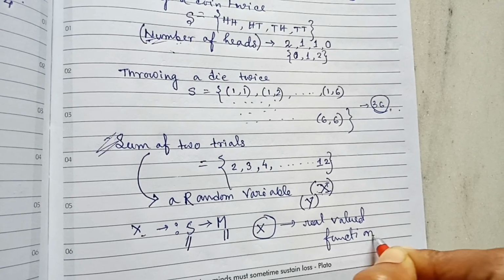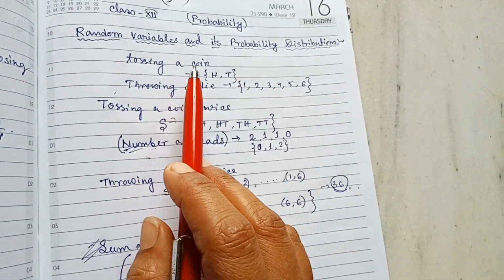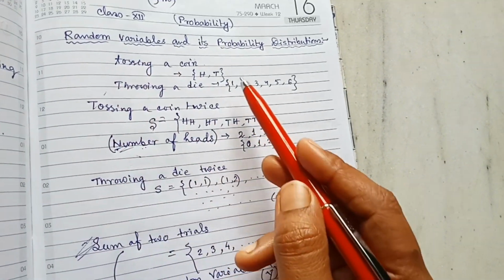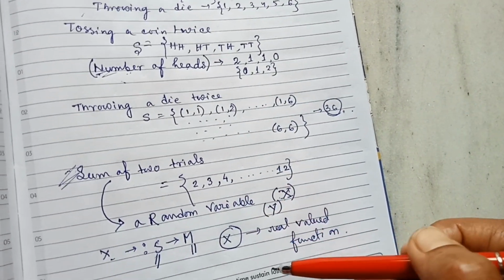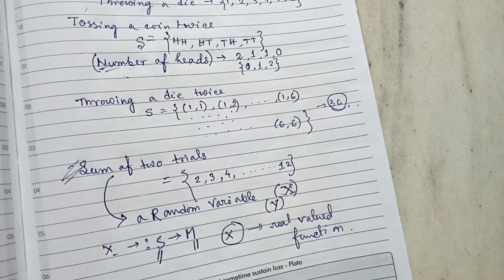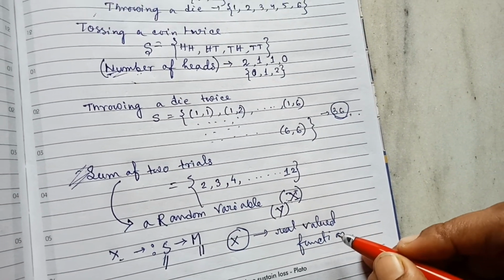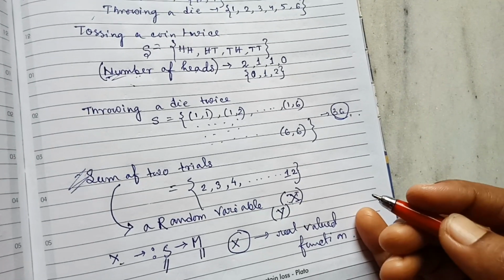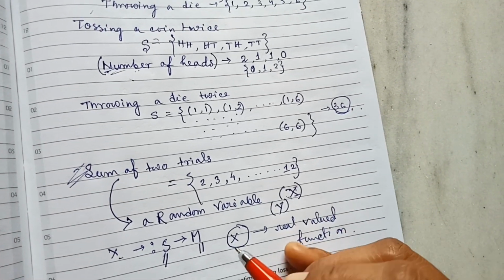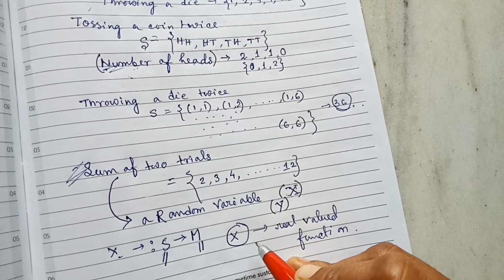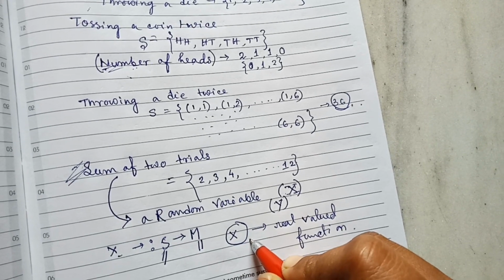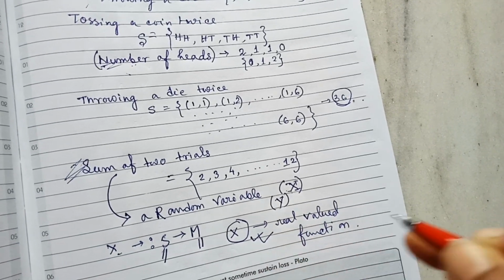Okay. I hope now you have understood what a random variable is and how we are taking it. Now, before going to the next topic or next definition, I will be sharing with you some examples on random variable.